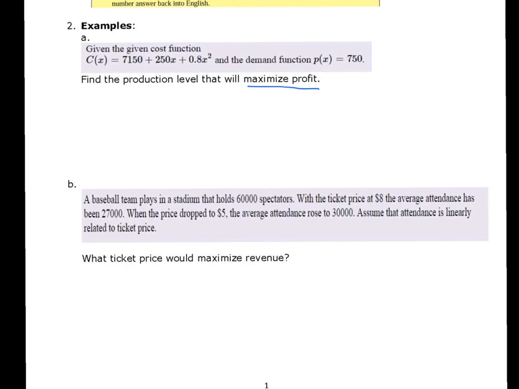Well, we weren't given a profit function per se, but let's think about what profit is. The function P of x is going to be revenue, or R of x, minus C of x. We have C of x, but we do not have a revenue.